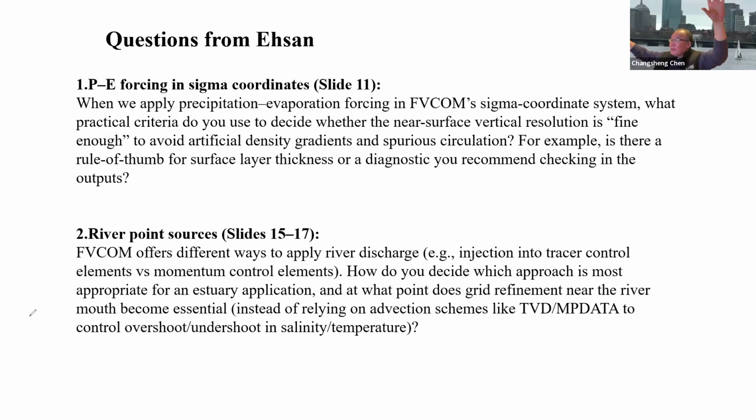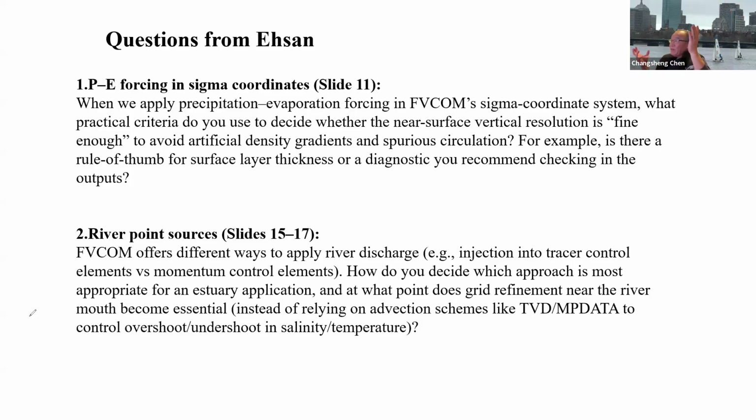But with sigma coordinates you sometimes don't get uniformity everywhere. That's why we suggest using S coordinate in the deep ocean, so you can guarantee uniformity. In the shallow part, you can have much higher resolution near the surface, which can also avoid the errors.